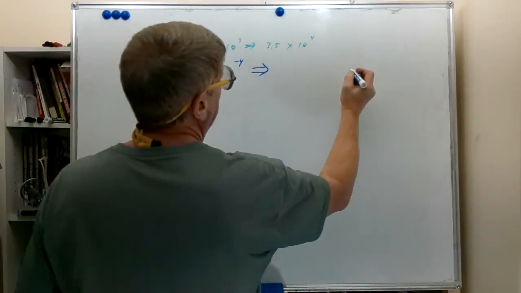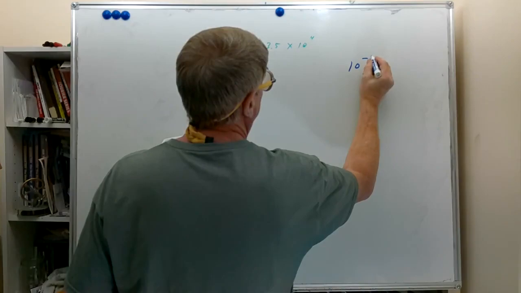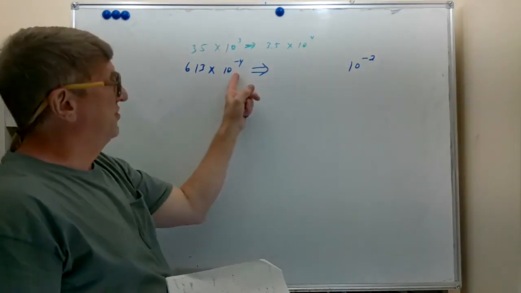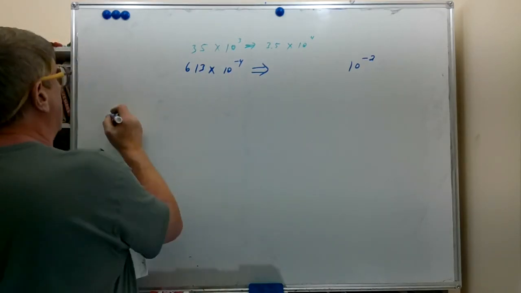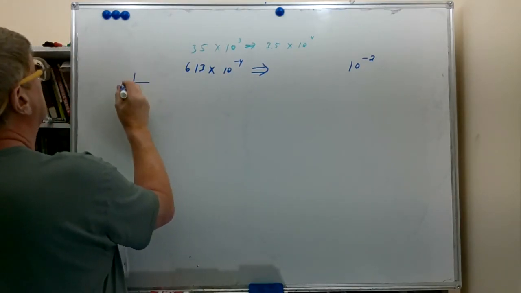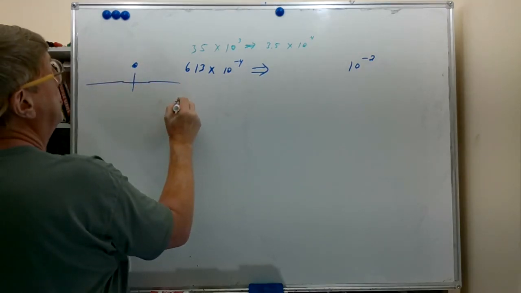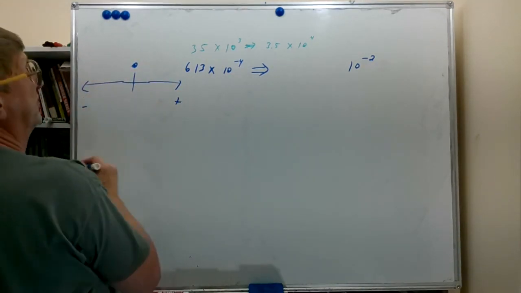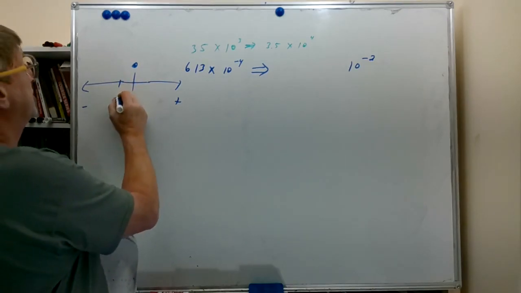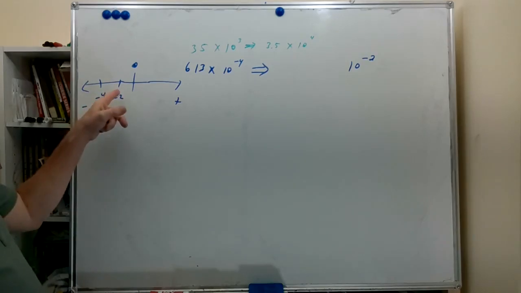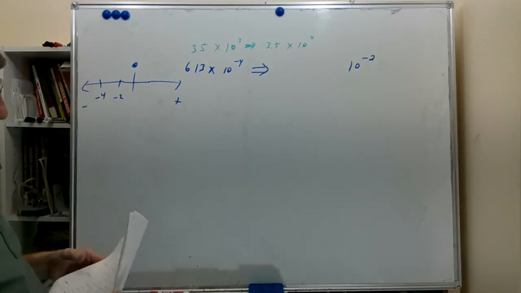Let's write that over here. 10 to the -2nd. Now, what did we do? -2 is larger than -4. If you look at the number line, 0 here, positive in this direction, negative in this direction, we'd have -2 somewhere here, -4 somewhere here. So -2 is a larger number than -4.